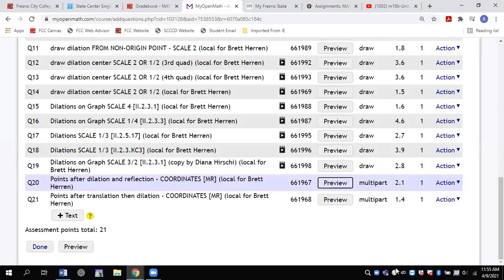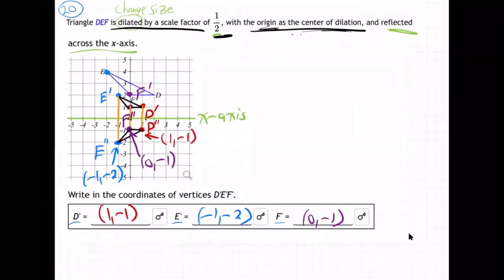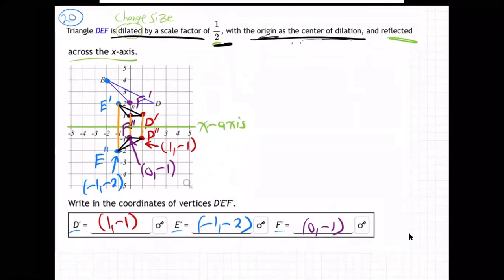All they want is the coordinates of the new shape. Nothing to draw, just write in those coordinates. And you're good. Just going back to my image again. Here it is. Yeah, so there we go. There's the image. And there's the coordinates. There we go.